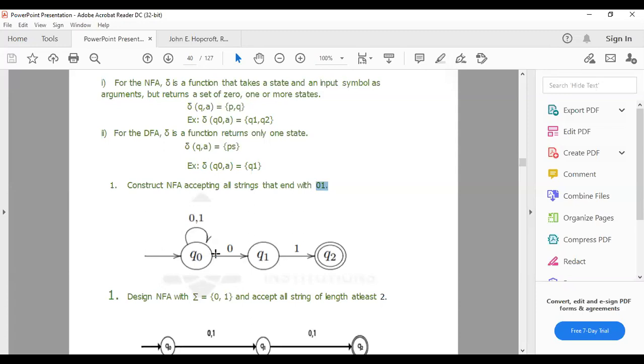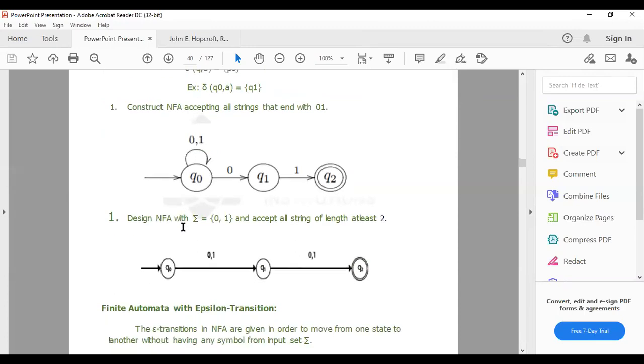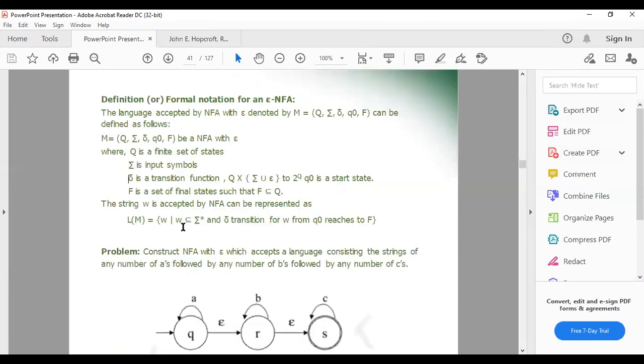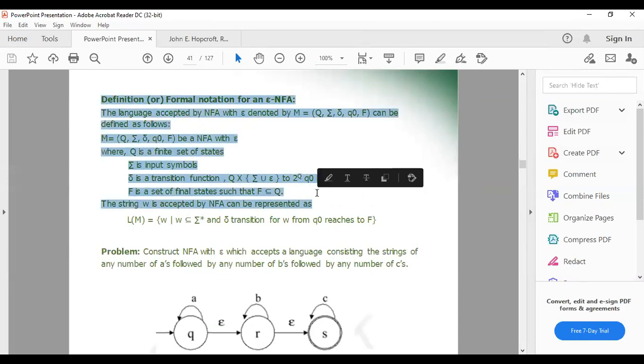You know, right? What is my DFA and what is my NFA? In the NFA, from a single state, I can read more than one input symbol, and I can go to more than one state. Okay, this is the NFA. Like that, we have some problems, and with the epsilon transition. Here also we have one definition, NFA with epsilon.